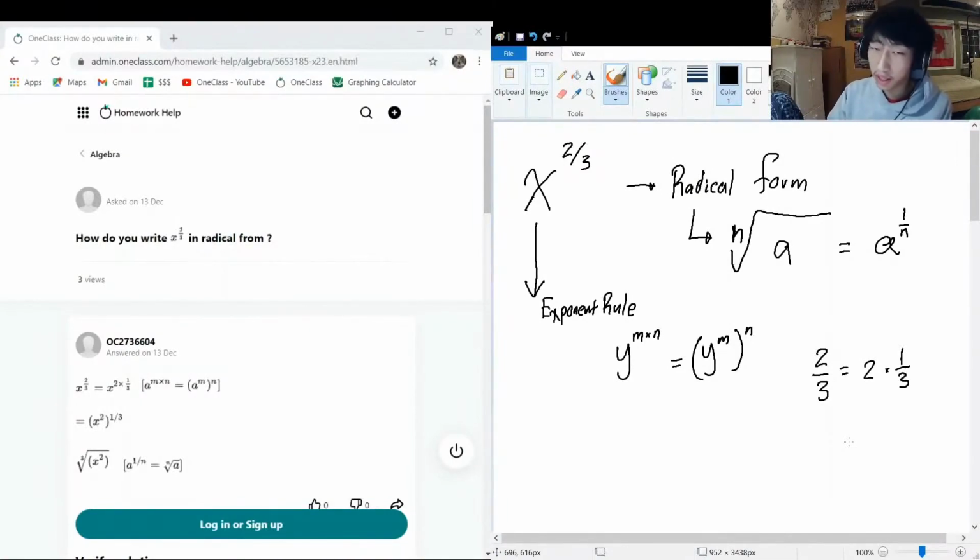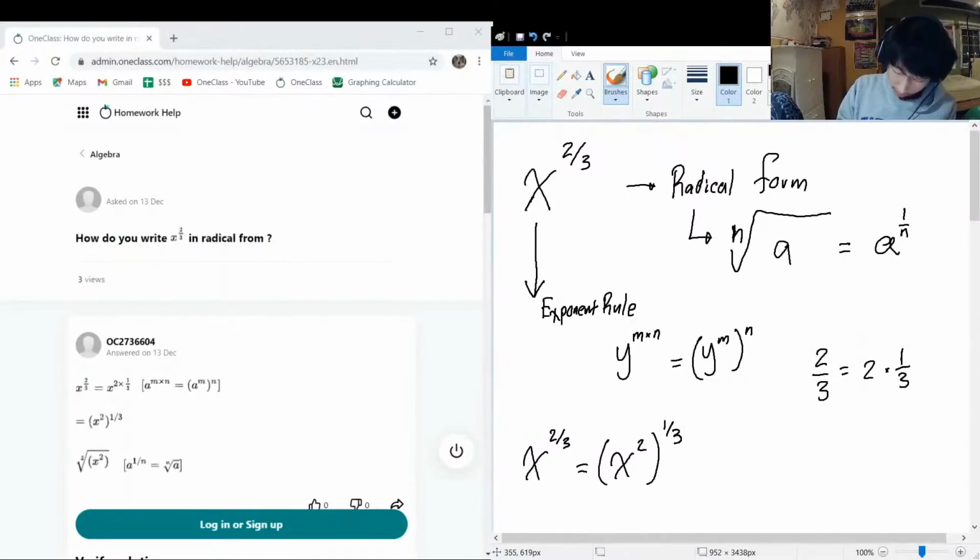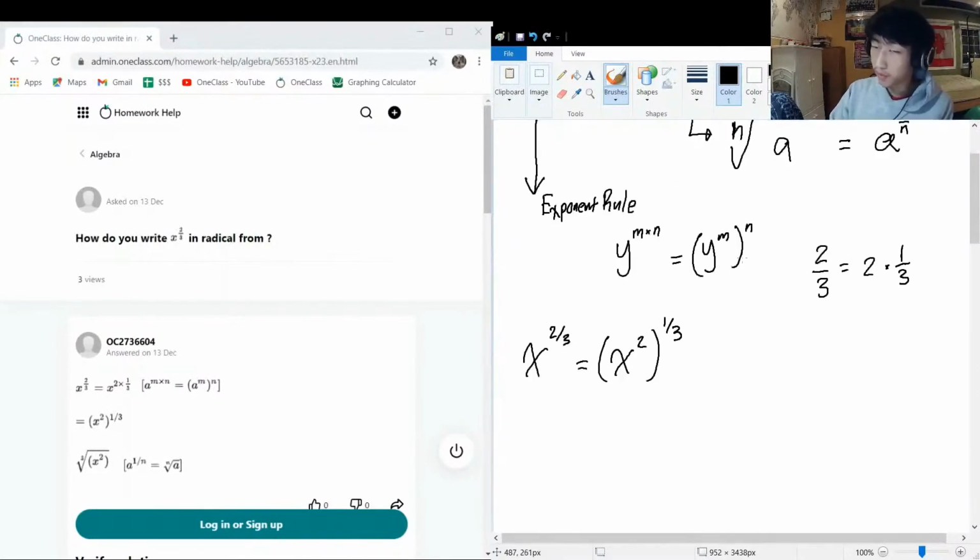So we can rewrite x to the power of 2/3 as x squared to the power of 1/3. And you can see with this rule, they have to be perfectly equal. I know for a fact they are perfectly equal. If I'm lying, I'm flying.